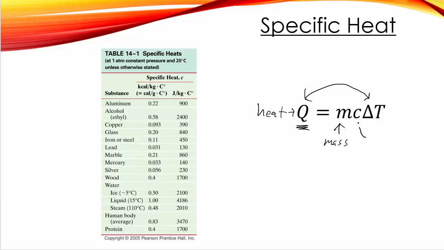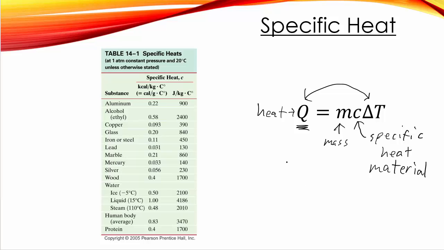The other thing that matters is what we call the specific heat. And what the specific heat is, I guess it's up there already, but this is determined by the material. So different materials change temperature at a different rate with heat flow. And you might have noticed this even in cooking.